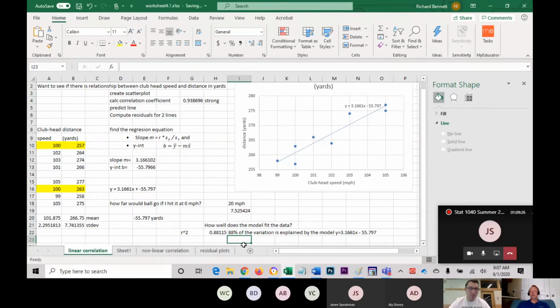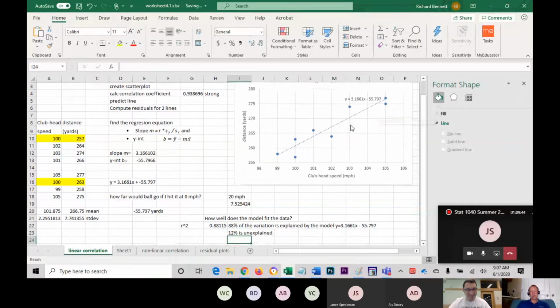So this one seems like it fits the model pretty well. So 88% of the variation is explained, 12% is unexplained, hitting a pebble or a wet spot or a gust of wind or something like that, okay? So 12% is unexplained.